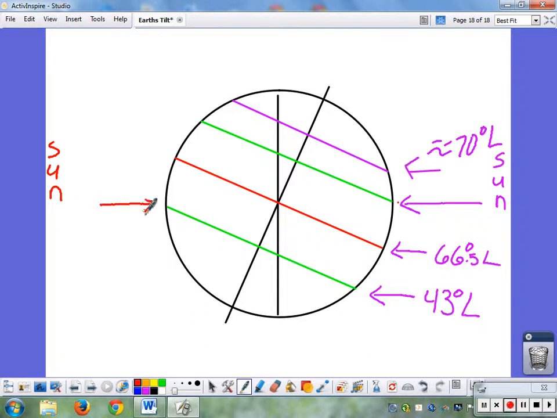The tropic in the southern hemisphere is now receiving that 90 degree angle of insolation. The equator again is at 66.5 degrees. It had its direct rays on the equinox.